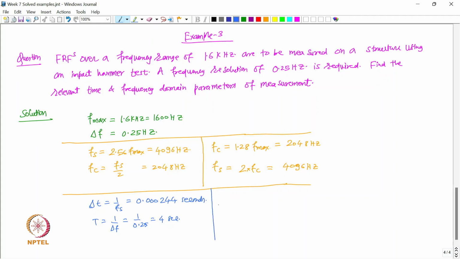Then we can determine NT, the number of samples in the time domain, which will be equal to T upon delta t, right, and that would be 16384.